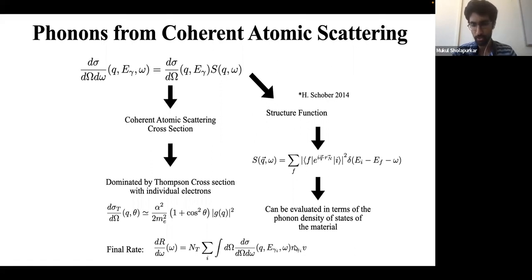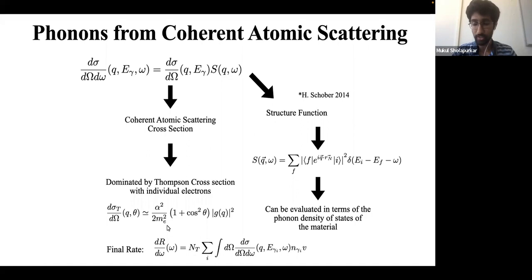So for this, we just assumed measurements in a typical detector underground and in a well-shielded environment. And of course, there is an overall normalizing factor of the number of target atoms in the detector.